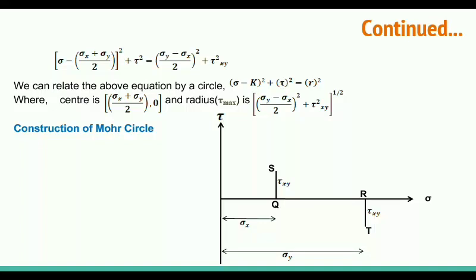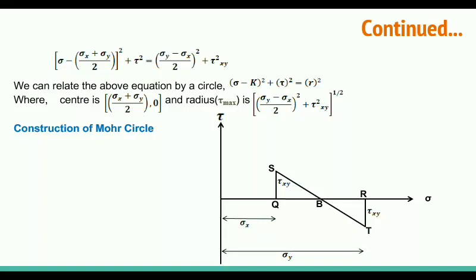Okay, so what you can do is just draw a line S to T. It will cut the sigma axis at the middle of QR. It cuts the sigma axis at point B, and point B is the middle of points Q and R. This is the middle of the QR distance, so we can say QB is equal to BR.